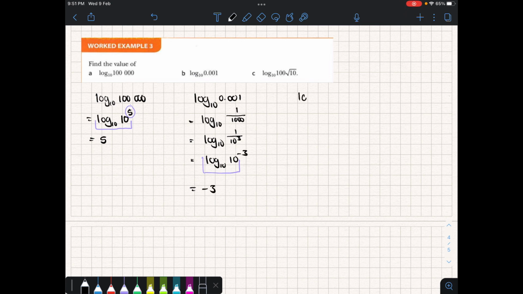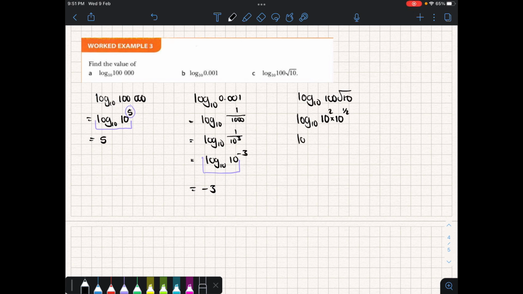And finally, here we have log base 10 of 100 square root 10. What we're going to do is try and simplify this into base 10. So we'll say log base 10. 100 can be written as 10 squared. And the square root of 10 can be written as 10 to the power of a half. Okay. Using our index laws, we can see we're multiplying two numbers with the same base, so we can add their exponents.